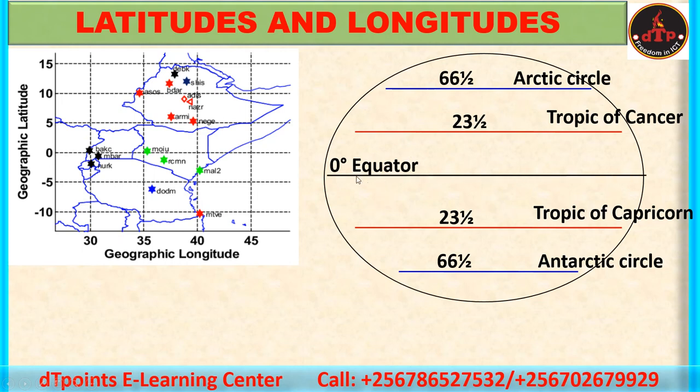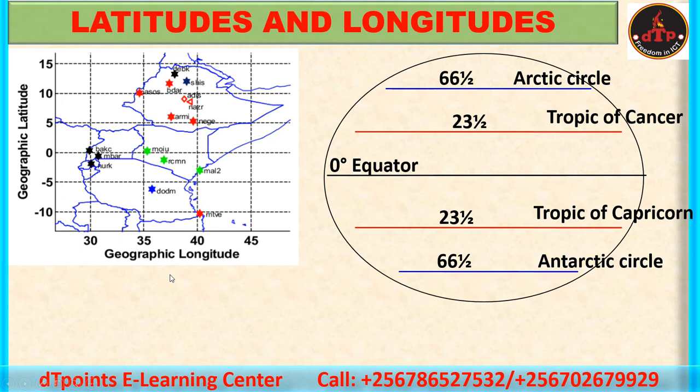It's marked 0 degrees. So these ones you're seeing, they have tried to show on this map of ours, are the lines of latitudes and longitudes. Those which run from east to west are called graphic latitudes, and those which run from the north to the south are called graphic longitudes.